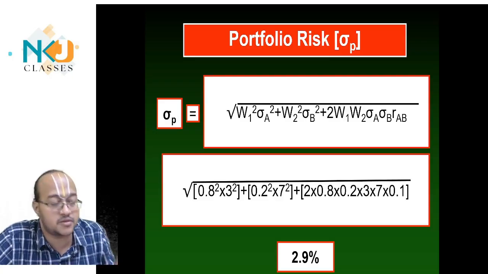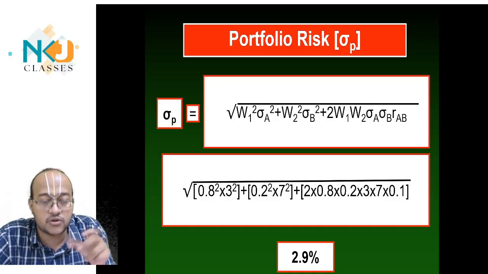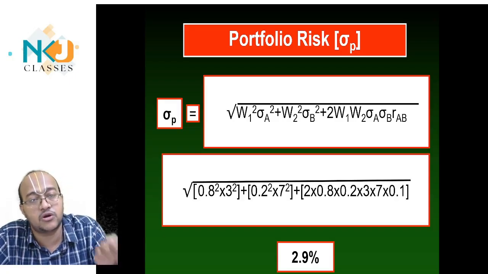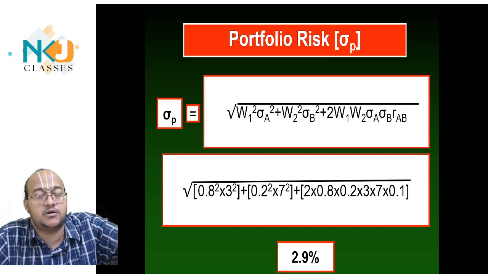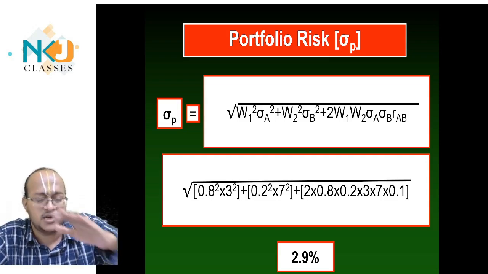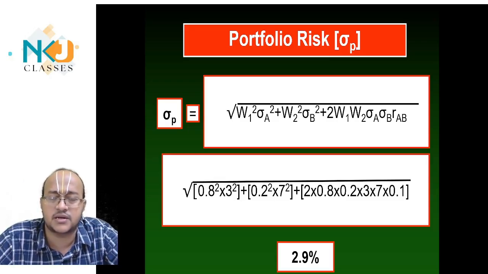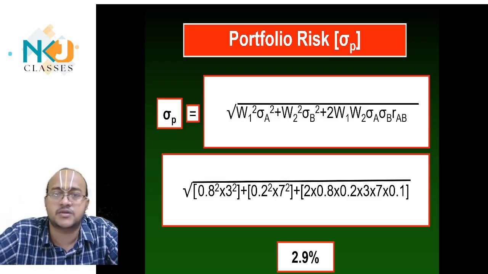This is the beauty of diversification. Because of the diversification, our portfolio risk has even reduced below the risk of the minimum risk security, which is 3%.